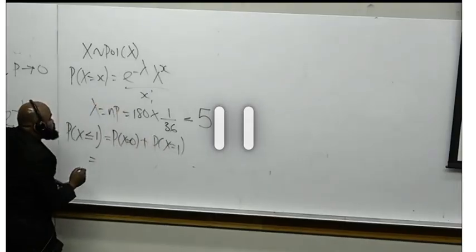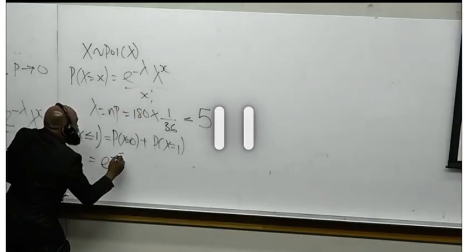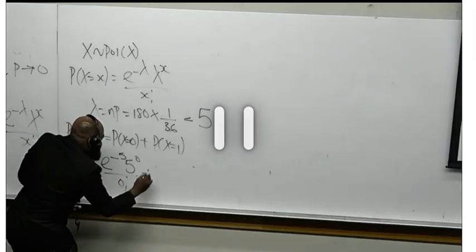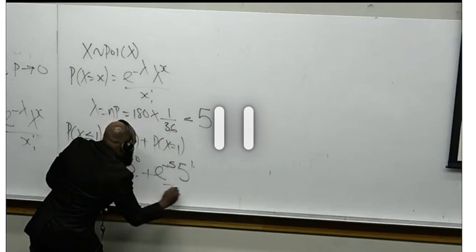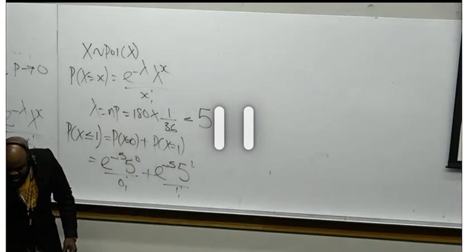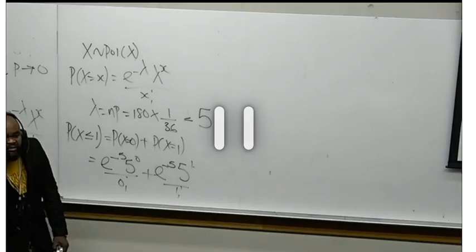So I have e to the power minus 5, 5 raised to power 0 over 0 factorial, plus e to the power minus 5, 5 raised to power 1 over 1 factorial. That's exactly what you're seeing here, and that gives us this.